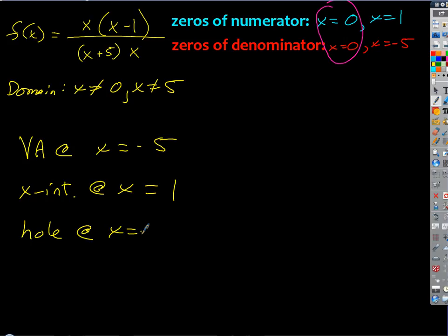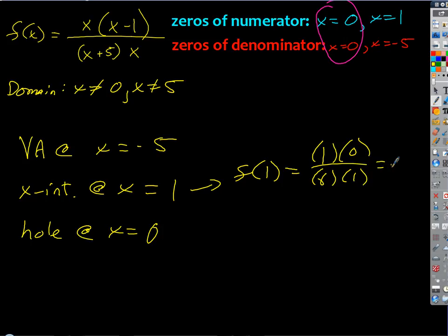And now think about this in terms of numbers, right? That's a good way to kind of, oftentimes if you think numbers, it simplifies things. So an x-intercept at 1, if I plug in 1, what would I get? f of 1 gives us back 1 times 0 divided by 6 times 1.